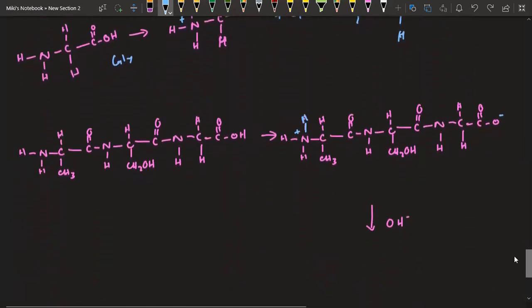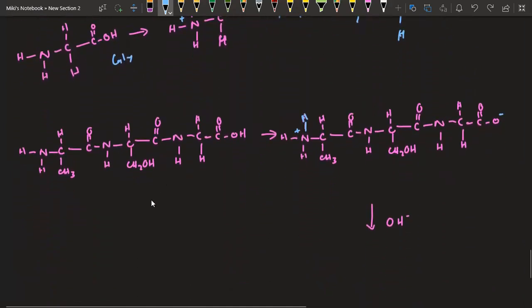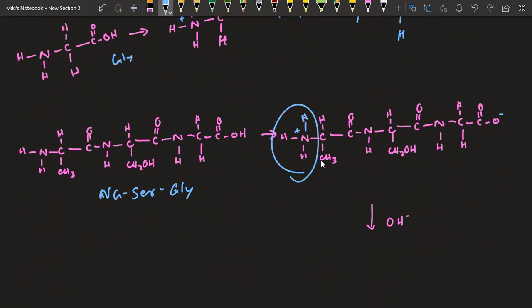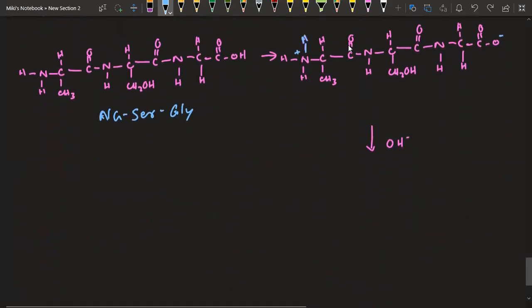Now, the last thing left here is the alanine, serine, and glycine tripeptide. This also does the same thing. The carboxylic acid loses H plus, and the NH2, or the amine, gains H plus. So it gained H plus and that lost H plus. Now when we add OH minus, what happens? It's simply this portion which donates the hydrogen, forming NH2.